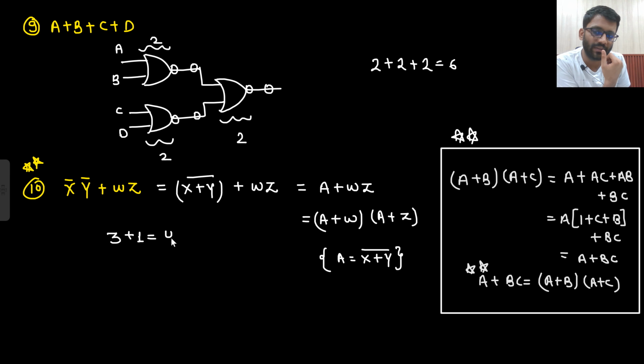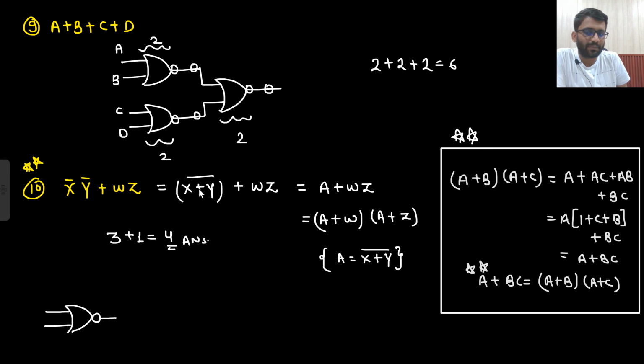What would be your answer? 4. That's it. What is this? This is looking like a XNOR gate, right? So to implement XNOR gate using NOR gate, you will require 4 only. So let's do it. How we will do it? X plus Y bar. What we need to implement? First X plus Y bar will come.